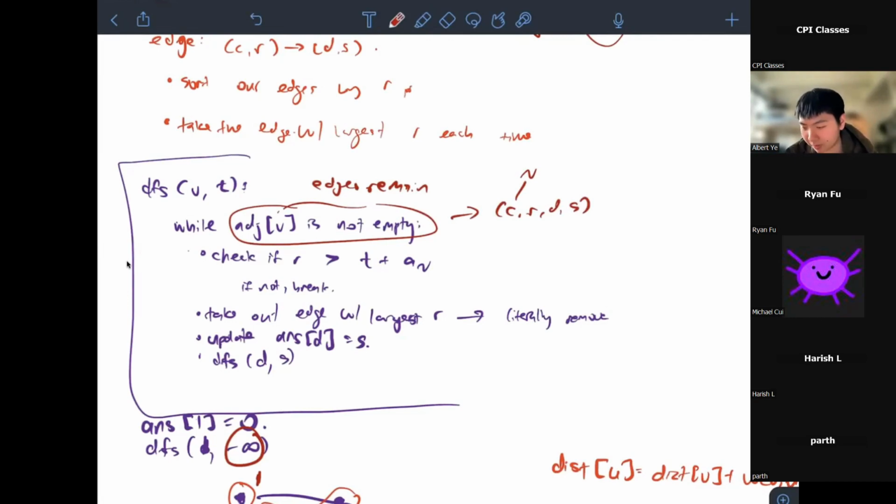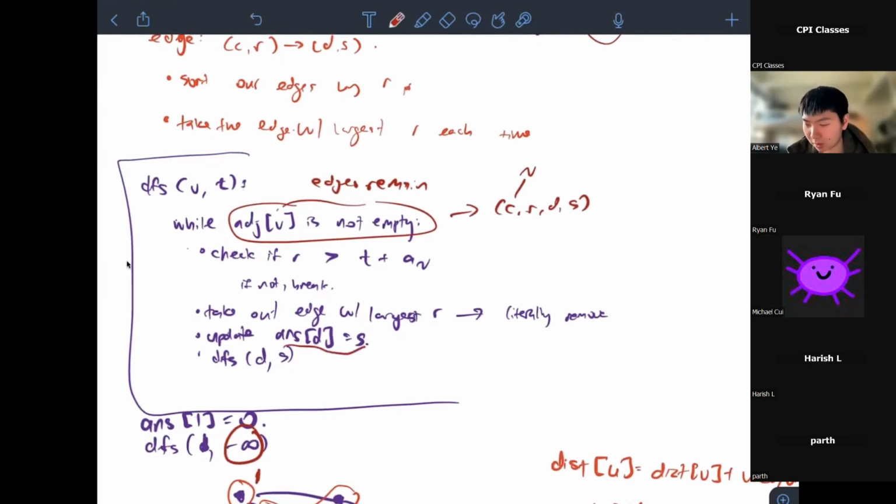Otherwise we break. We can take out an edge with the largest R, as in literally remove it, and then update the answer for D to be equal to S, and then just run DFS from the edge D, S.